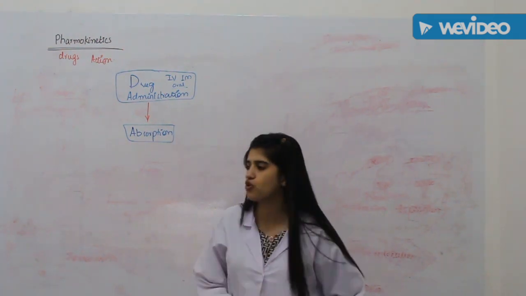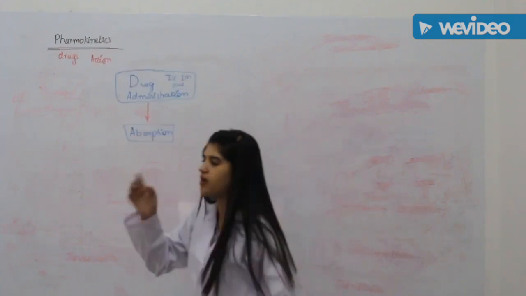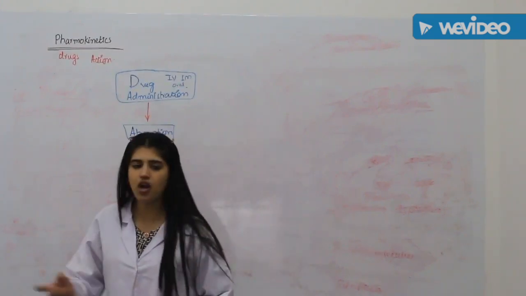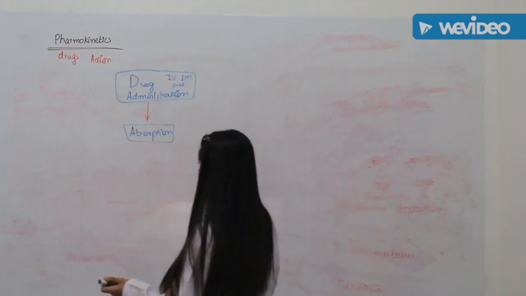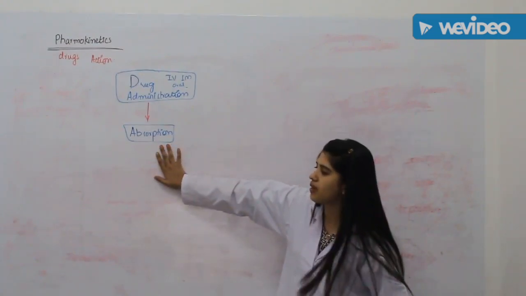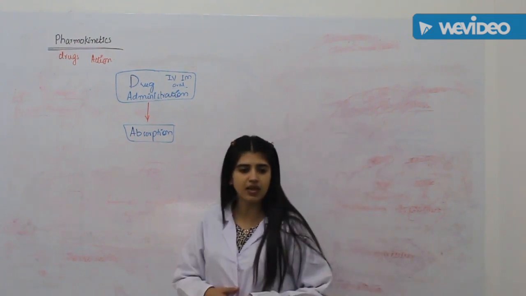It has to be absorbed. If you want the drug to take effect, then it must be absorbed either this way or that way. In absorption we will see how the drug is absorbed, how it is taken by our body.